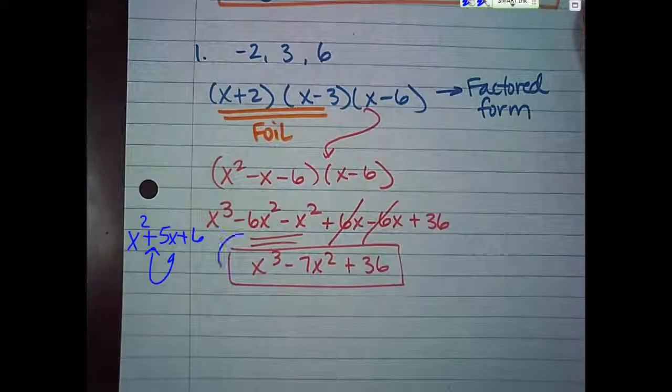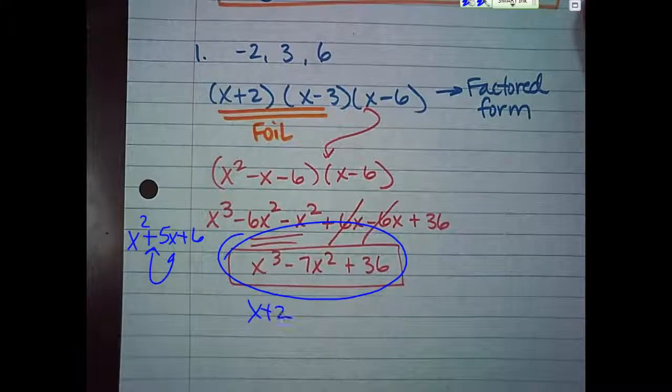If you see something messy like this, and you know one factor, so let's say I knew x plus 2 is a factor, I could do some long division, right? Find the other one. Factor it again, and I would have 3 different factors. Once I get my 3 different factors, I can find the roots and just make a picture. That's it. Okay? All right?